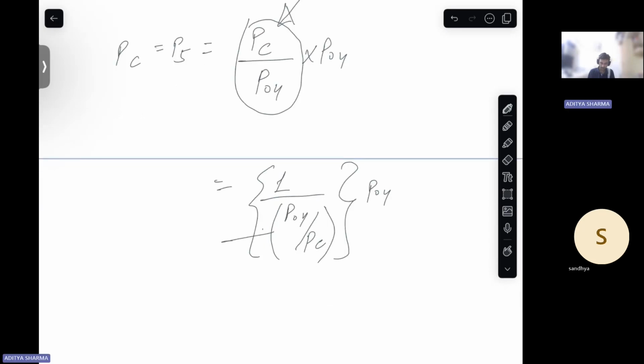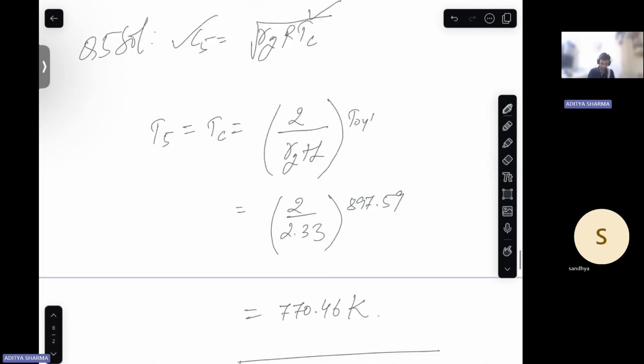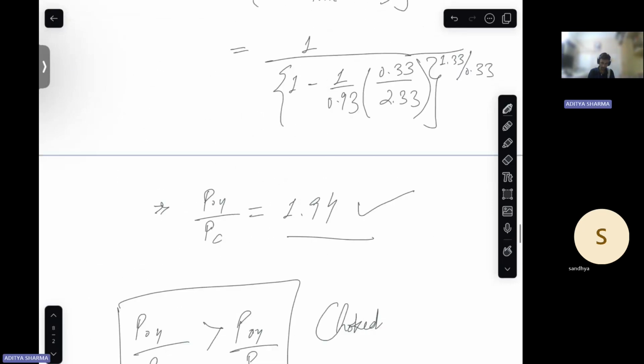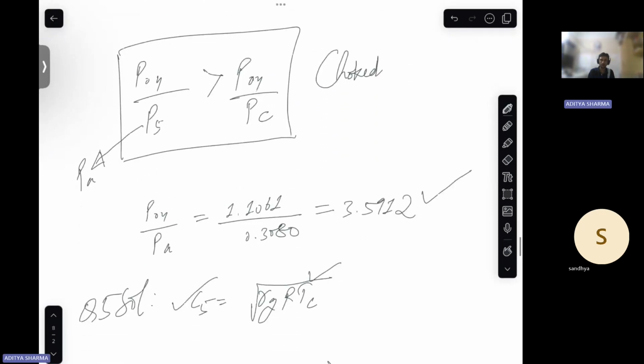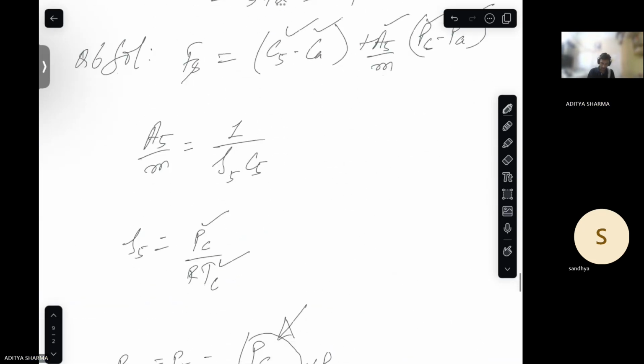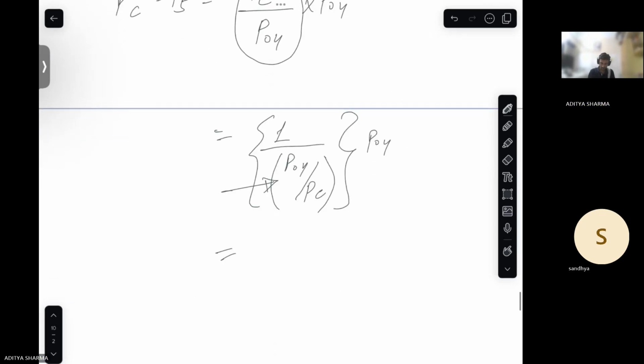Yes. And this we have already calculated somewhere here. P naught 4 by PC we have calculated as 1.94. So 1 divided by 1.94, P naught 4 also we have calculated.